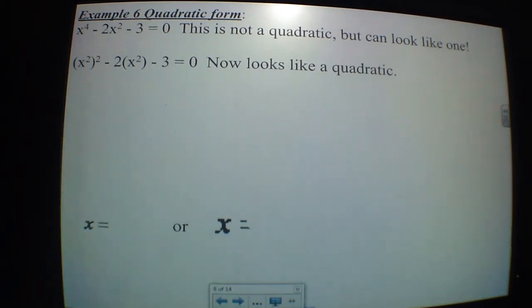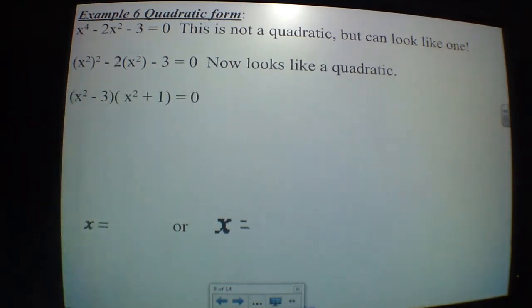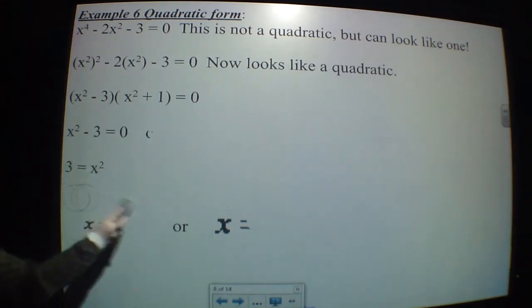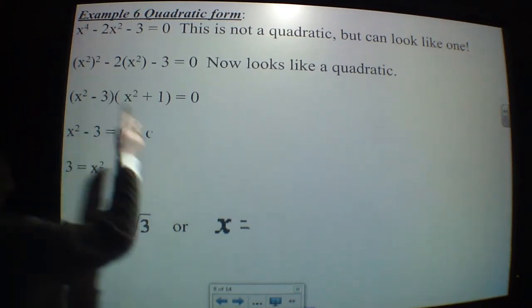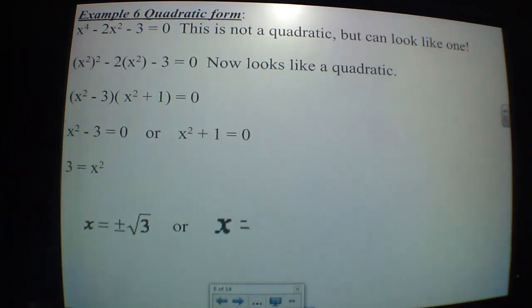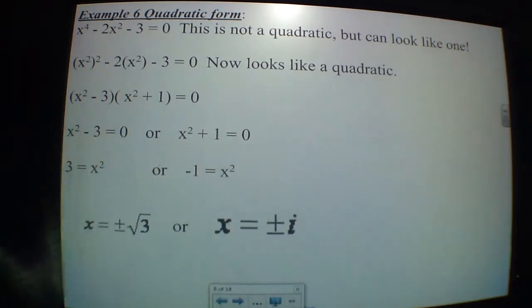And it looks like it'll factor into a negative 3 and a positive 1. So you can solve this, and you'll get plus or minus the square root of 3. There it is. And you can solve this and get plus or minus square root of negative 1, or i. And you're done.